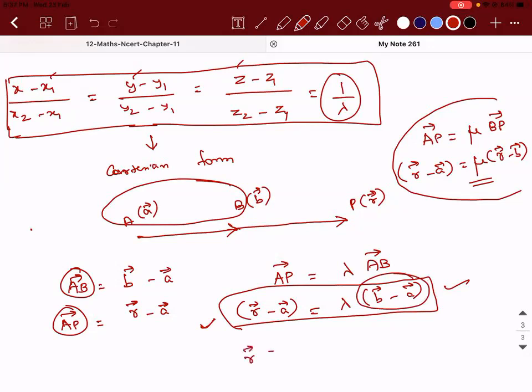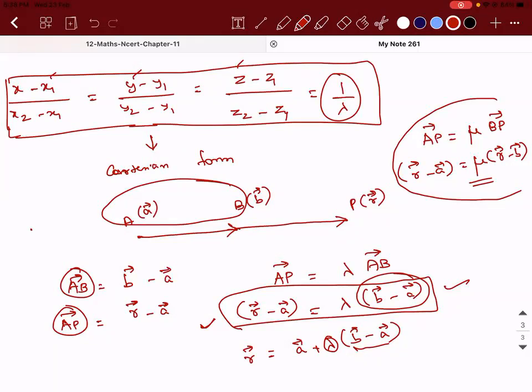R vector is equal to A vector plus lambda times B vector minus A vector. If you want to write this as A vector minus B vector, you are absolutely free to do so. Only thing is, instead of lambda, put some mu or something, because we don't know the value of lambda. Unless you know the value of lambda, you cannot write the absolute equation. This is a general equation that you have to write. Are you able to understand?